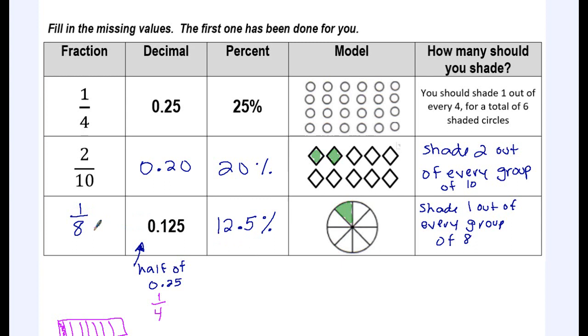And we would need to shade 1 out of each group of 8. So looking at our circle graph, there are only 8 sections, so we would shade 1. Okay, these benchmarks are very important to know. Please take time out to go over your notes and try to get them memorized.